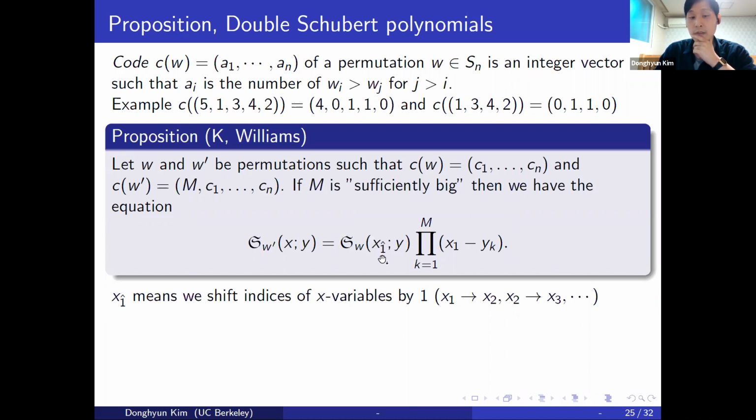So the notation here means that we plug in x2 in the place of x1, and plug in x3 in the place of x2, and so on. And there is some factor.